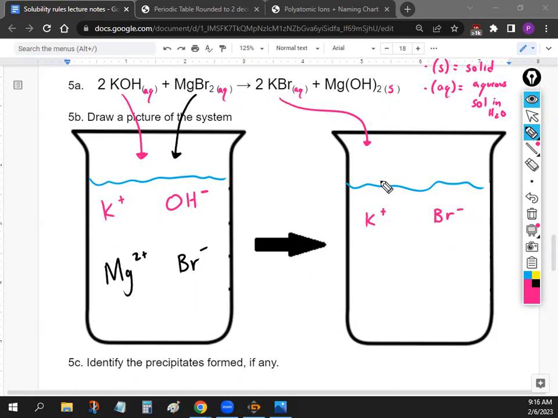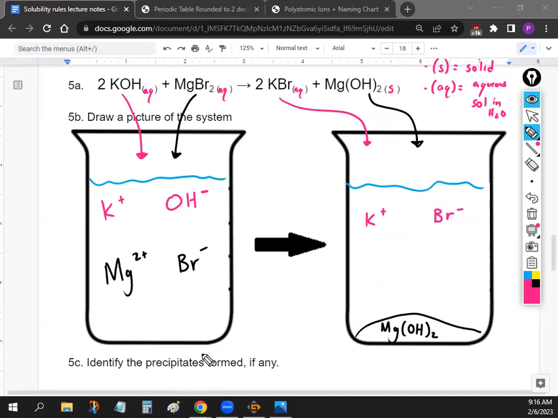And since that we break it up because it dissolves in water. But if we take a look at MgOH2, this guy does not dissolve in water, right? And so what we're going to do is we're going to create like this little mound on the bottom, and we're going to keep it MgOH2. Okay, because it's a solid, it doesn't dissolve in water, it just stays as a precipitate.